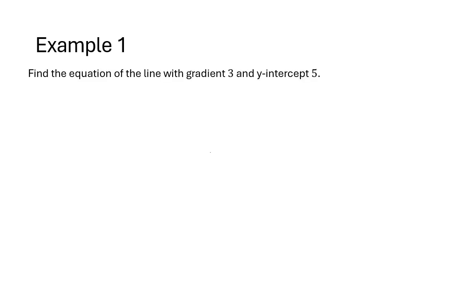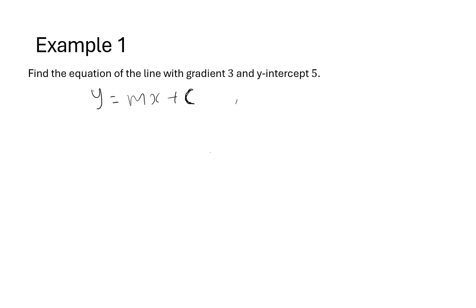So our first example is find the equation of the line with gradient 3 and y-intercept 5. So our gradient is just our slope, so we start by remembering the equation of the line is y equal to mx plus c. So here we are given our m.